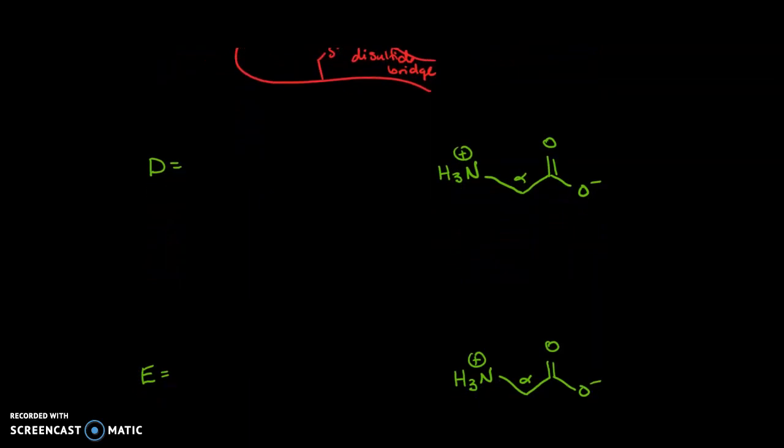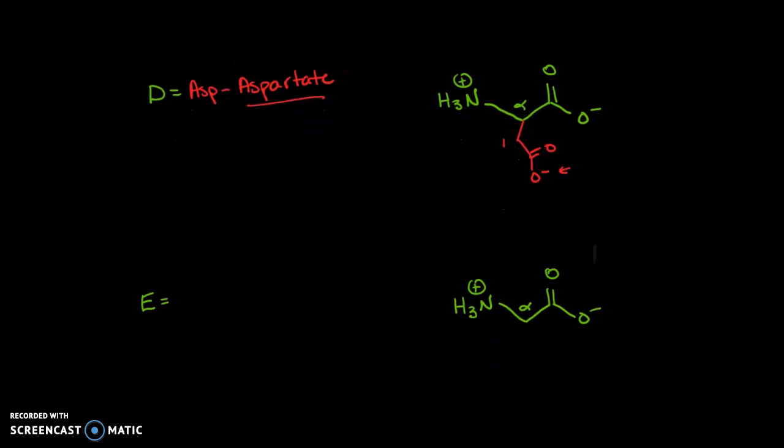D is our aspartate, ASP, aspartate. This also is known as aspartic acid, and that just depends on the way that you write the molecule. So there's going to be one carbon intermediate out to a carboxylic acid. And because I've drawn this carboxylic acid with a negative charge rather than with an H, we're calling it aspartate instead of aspartic acid.